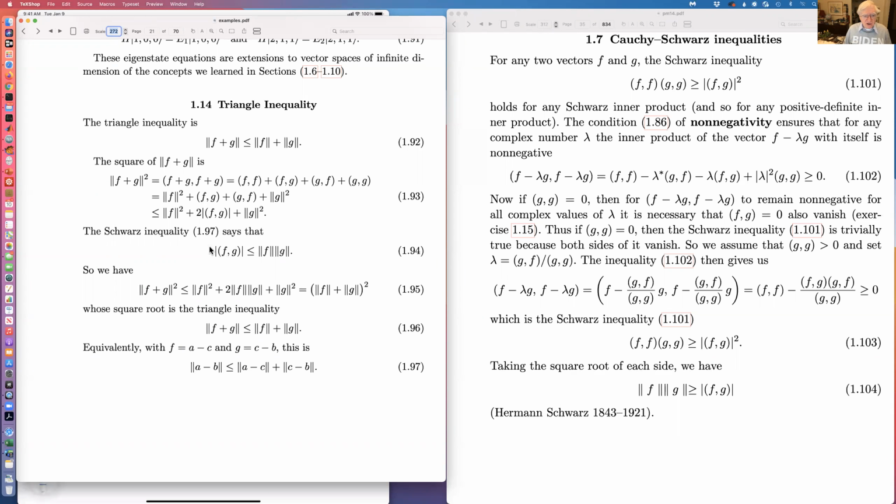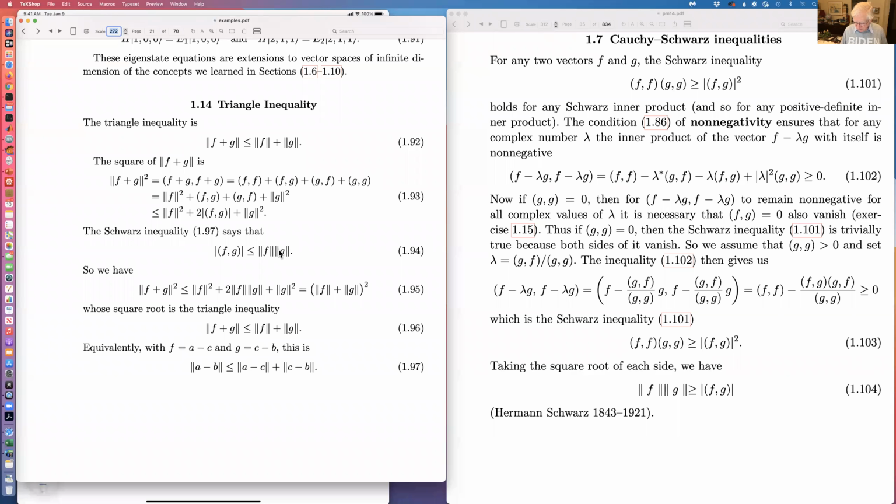But now the Schwartz inequality tells you that this is less than the product of the two norms. That is to say, the inner product of F with G is less than the norm of F times the norm of G. And another way of thinking about that is that the inner product of F with G divided by the norm of F times the norm of G is less than or equal to 1, and of course it's greater than or equal to 0.